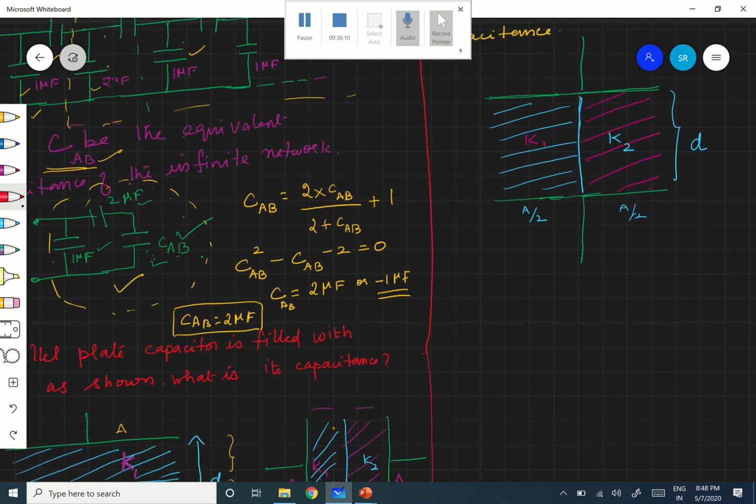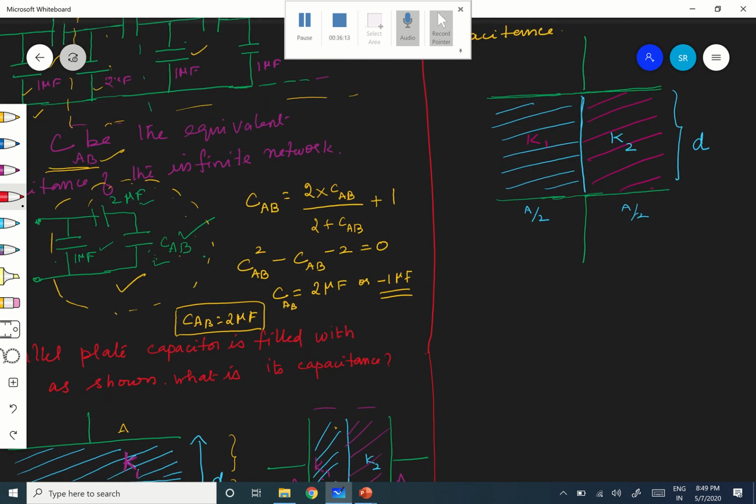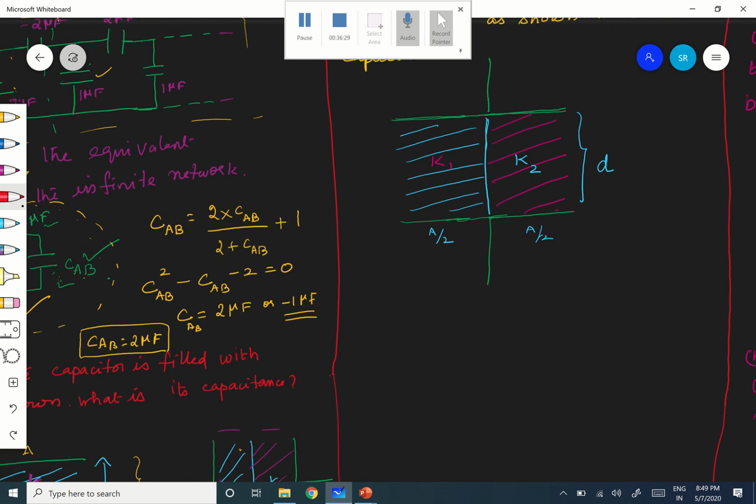But here the distance between the plates is the same, it is K1, but the area of the plate is divided. Are you following? So when area is divided, how do we find the equivalent circuit for that?